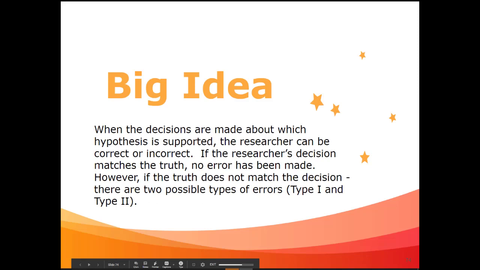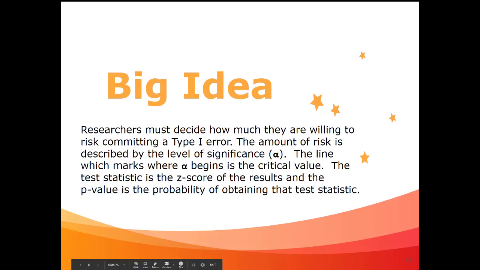So what's the big idea? Today's big idea is that when decisions are made about which hypothesis is supported, the researcher can be either correct or incorrect. If the researcher's decision matches the truth, no error has been made. However, if the truth does not match the decision, there are two possible types of errors, type 1 and type 2 errors. Researchers have to decide how much they're willing to risk committing a type 1 error, and they do this by describing their level of significance.